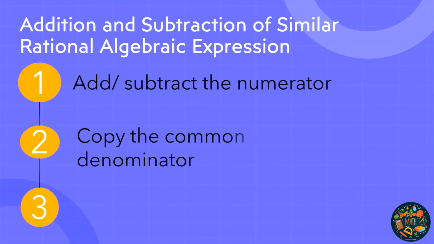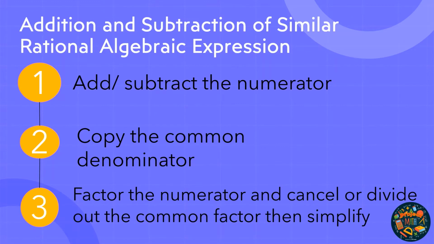Okay, so this is the summary of the steps. So we have: add or subtract the numerators, copy the common denominator, then factor the numerator and cancel or divide out the common factor, then simplify.